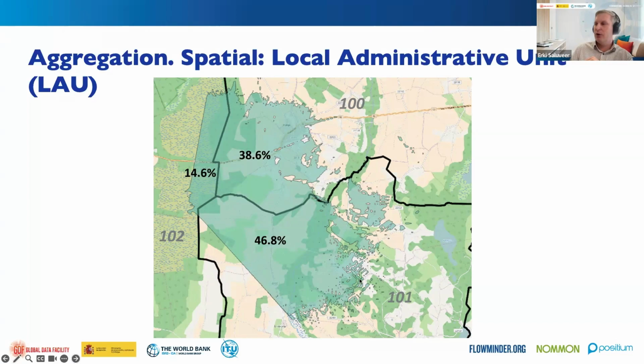So this is the actual coverage area calculated by the mobile network operator. So when we calculate tourist statistics for this particular antenna or cell, these tourists can be anywhere within this area. But now we can see that this area covers 3 different administrative units, 100, 101, and 102.